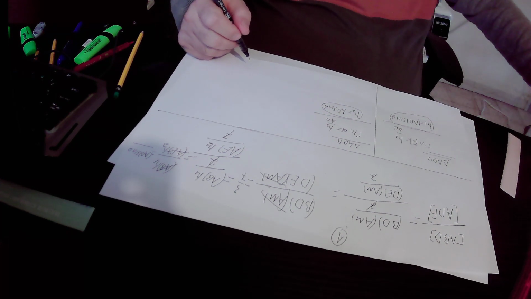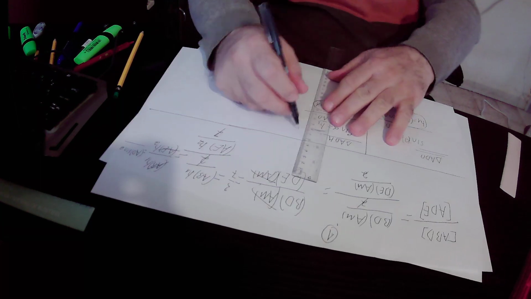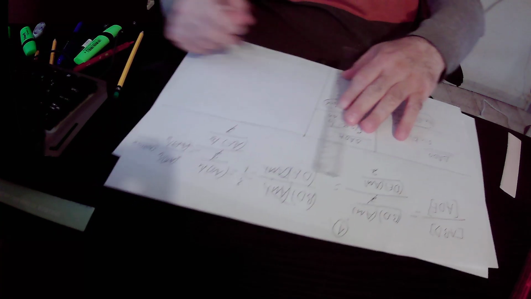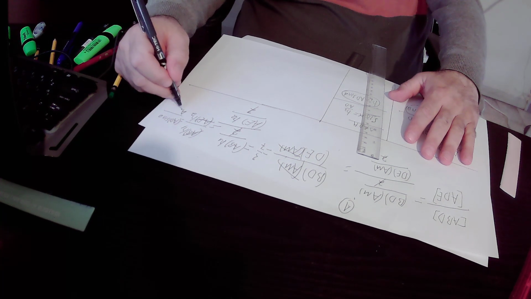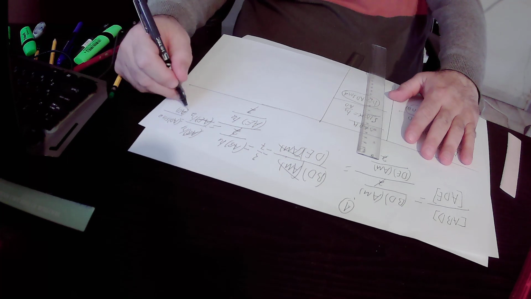So we found out that H2 equals AD times sine alpha.